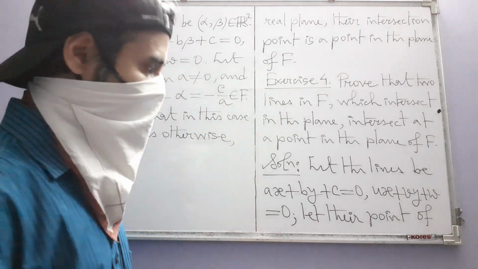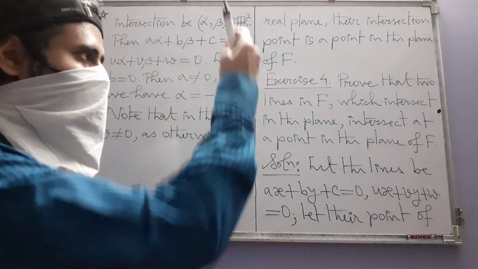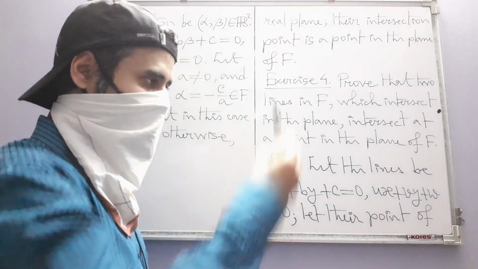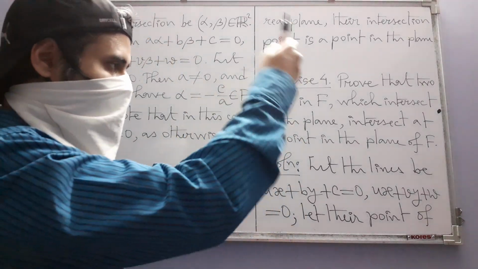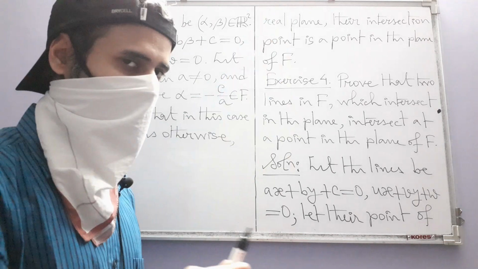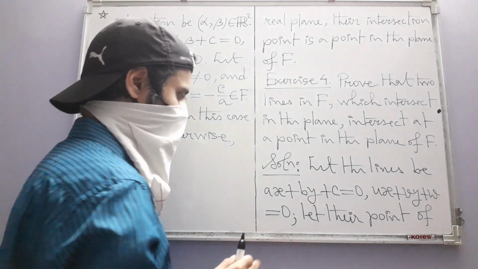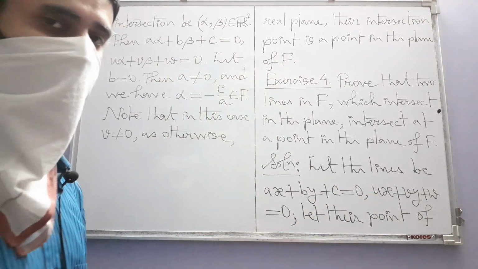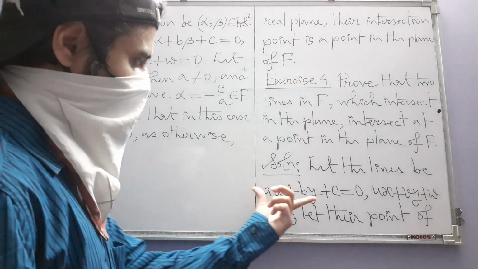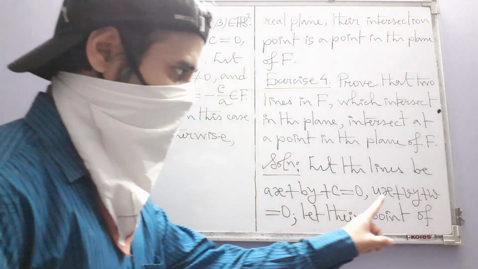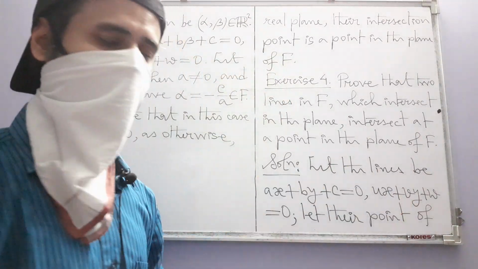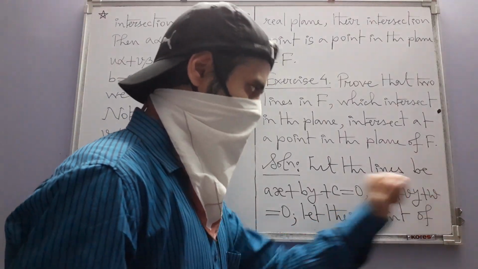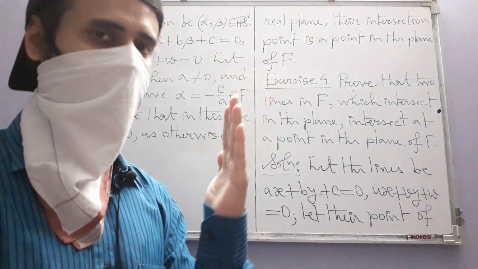That means this line is vertical, right? Because only on such a line, the x coordinate of all the points will be the same. The y coordinates will vary. Now, since it is given that these two lines actually intersect, under this condition itself, if we also have v equal to 0, then this also becomes vertical.